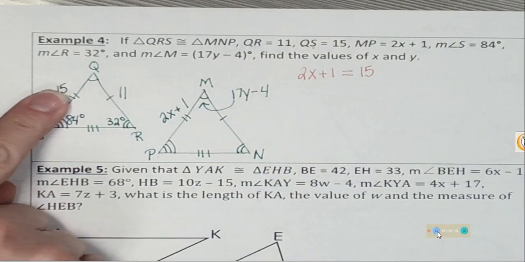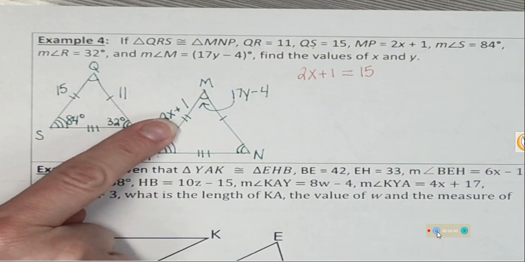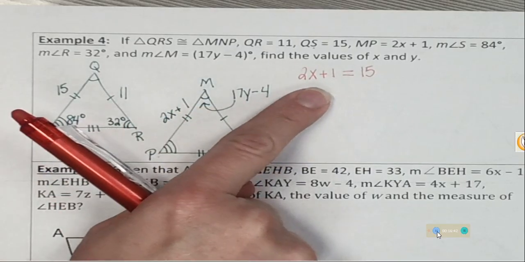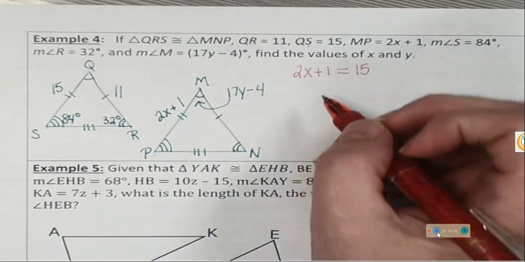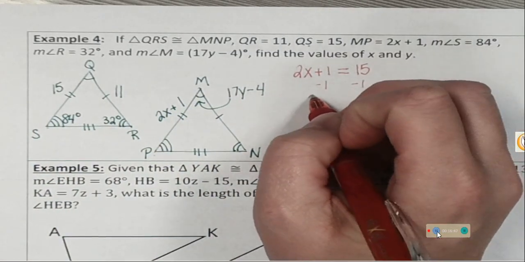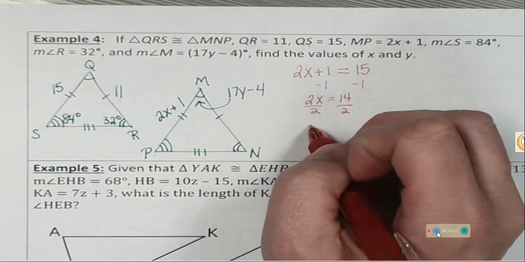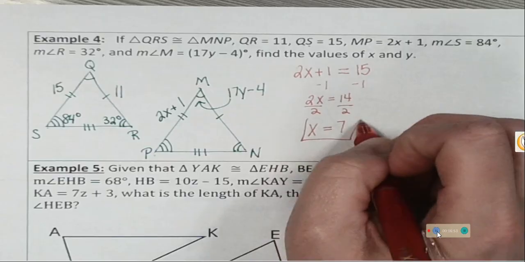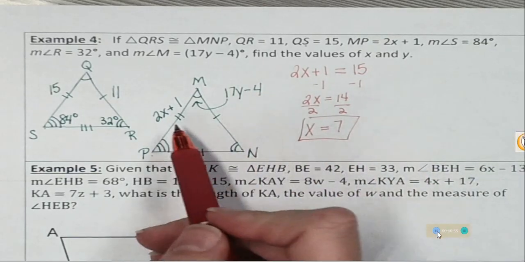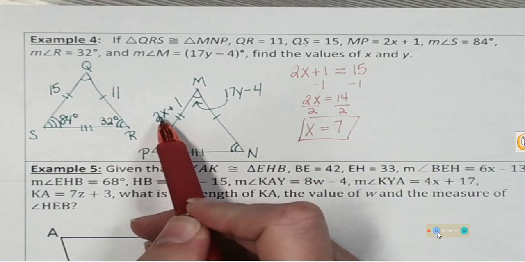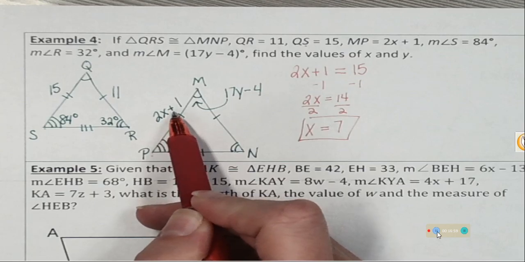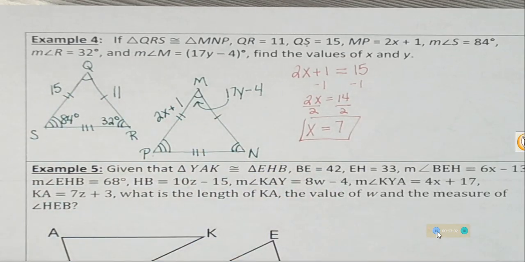So if QS equals 15, that means MP equals 15. So I set those equal, and now we're going to solve. I'm going to minus 1 from both sides, so 2x equals 14, so that when I divide by 2, my x equals 7. If I plug 7 back in, 2 times 7 is 14 plus 1 equals 15 because it has to be the same.